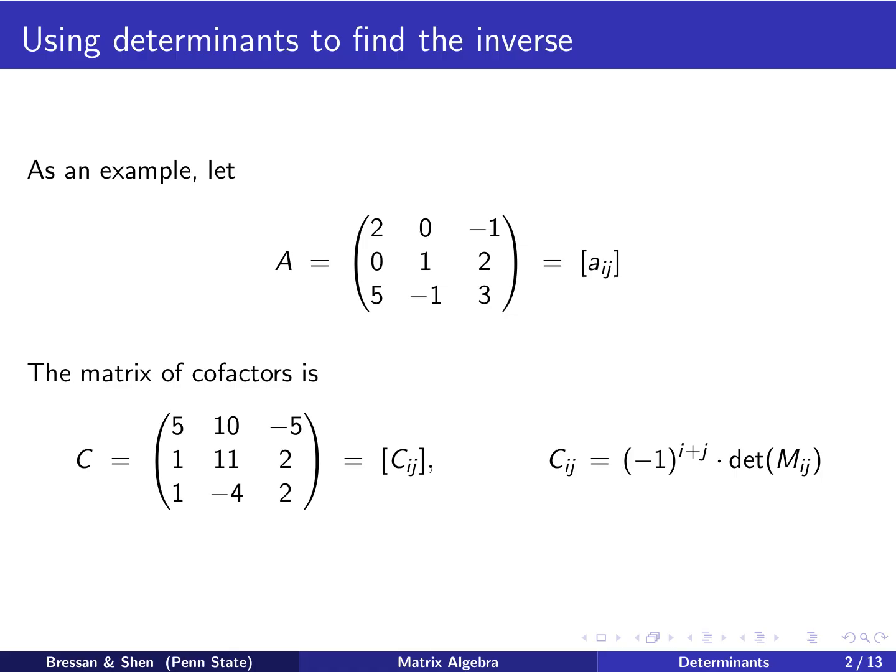Let's take an example to show that we can use the determinants to find the inverse. So let's say we have an A matrix here, which is 3 by 3, looking like this, and we call the coefficients Aij. And then we can form this matrix using the cofactors as follows.